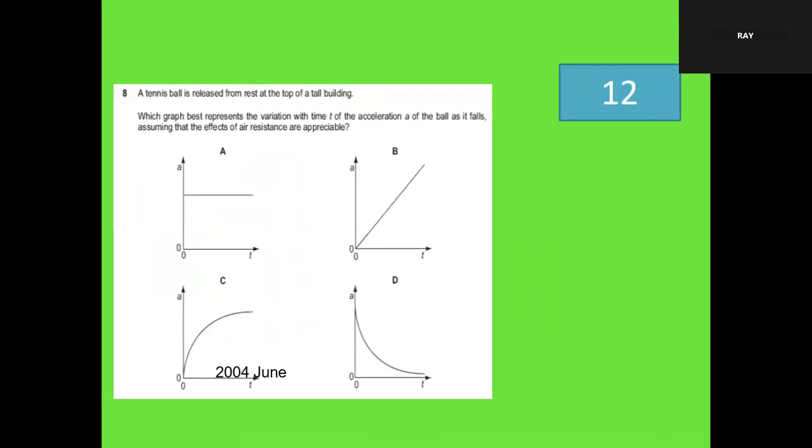Okay, this one. A tennis ball is released from rest at the top of a tall building. Which graph best represents the variation with time t of the acceleration A of the ball as it falls, assuming the effect of air resistance is appreciable? Air resistance cannot be neglected.